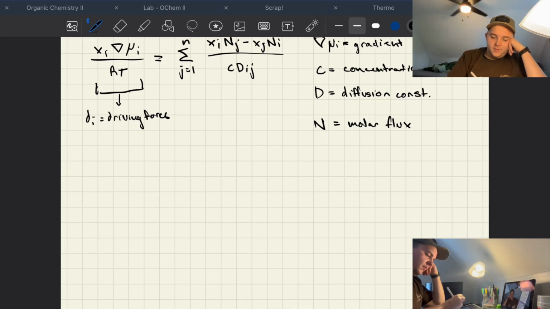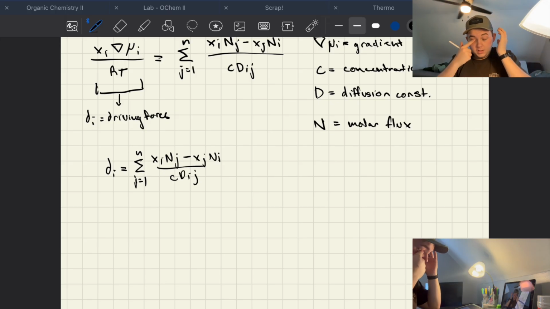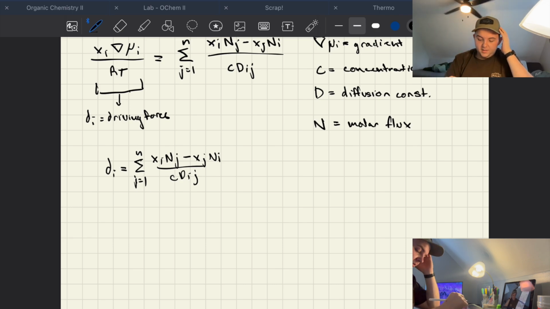So we're going to have our driving force is equal to the summation times our top value. So that's just basically simplified down.